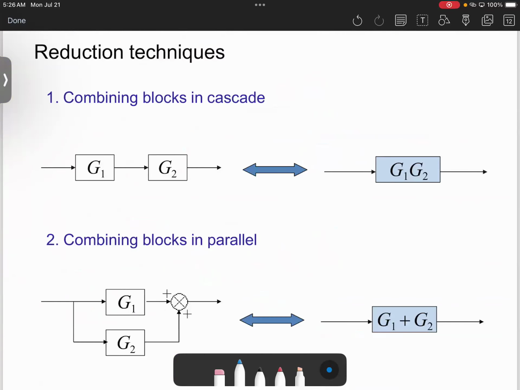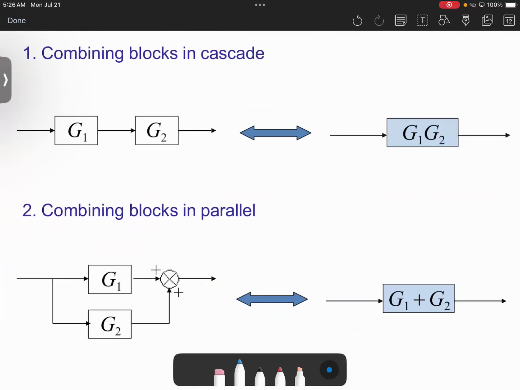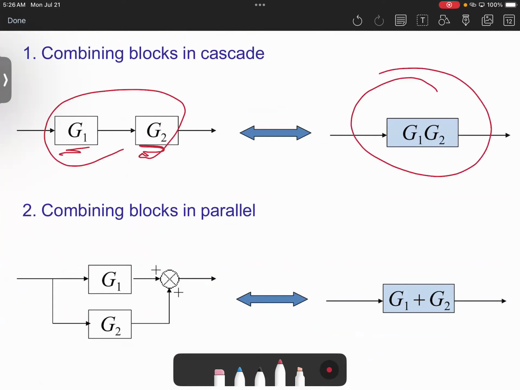Some reduction techniques or combination techniques. Whenever we have something like that, G1 and G2 here, you can combine them, G1 times G2, okay? These are in series, then you can combine them as multiplication. If we have parallel, then there's plus plus, therefore G1 plus G2.